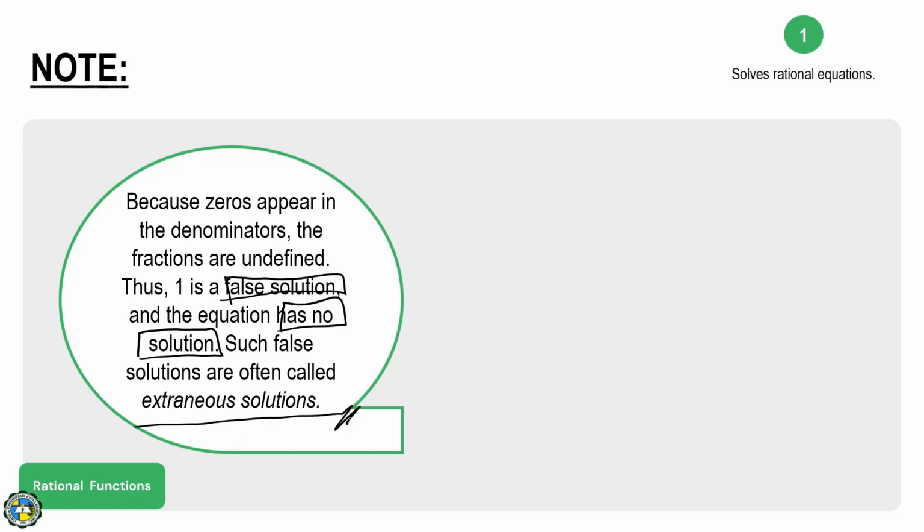Remember, it is not permissible in our given expression or equation to have 0 as our denominator. So, when that happens, we can conclude that the solution is extraneous.